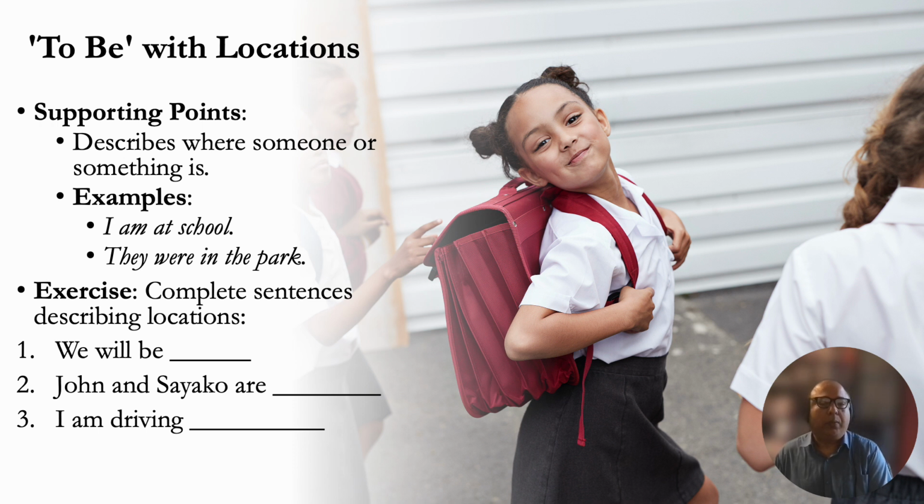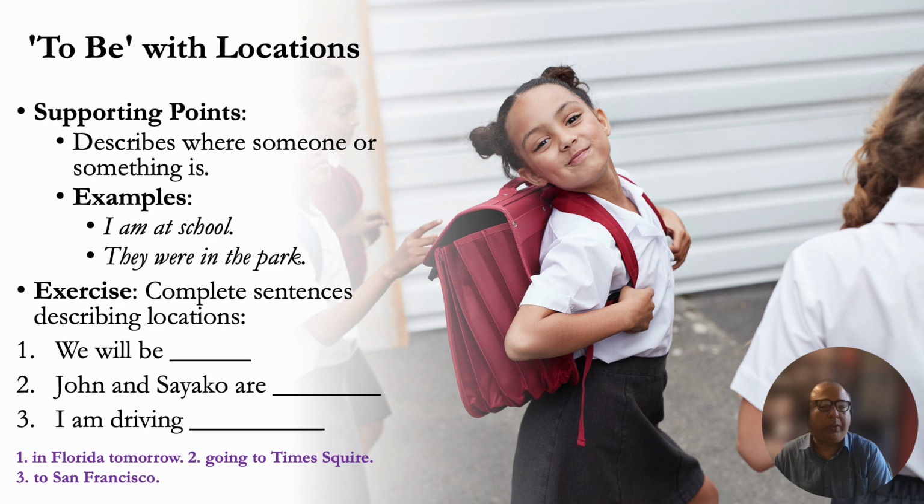Okay, now complete the sentences and describe locations. Be creative. Think of a place, such as a park or a school or a bank. We will be, John and Sayako are, I am driving. Complete the sentences, please.